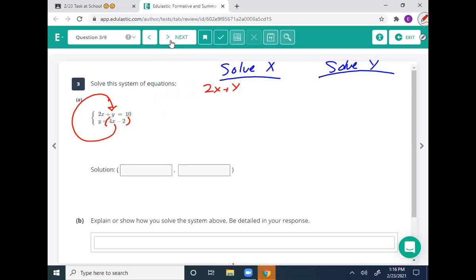2x plus y is equal to 10. That's the one we're plugging it into. Now, we need to take that 4x minus 2 and plug it in. How would I rewrite it after I plug it in? Lily, what do we think here? How would I rewrite it? Instead of saying 2x plus y, I'm going to say 2x plus what? 4x minus 2.